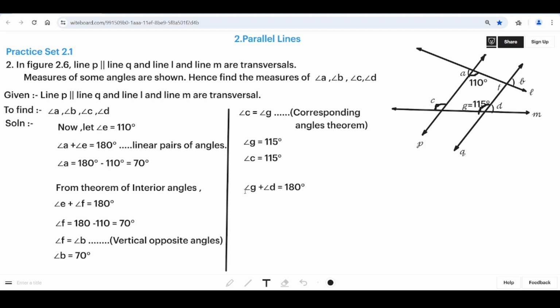This is because they are angles in a linear pair. Then therefore angle D is equal to 180 minus angle G, which is 115. Therefore our answer is 65.